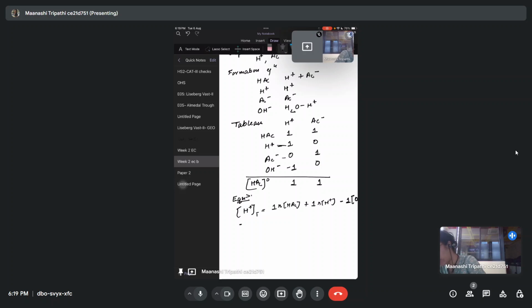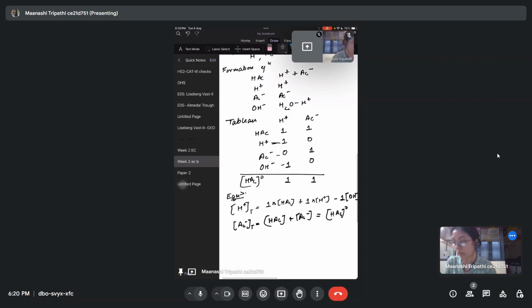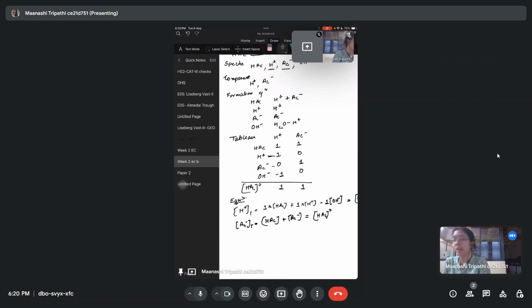Similarly, we can write for AC negative. HAC plus AC negative is equal to HAC not. So if we want to count the number of unknowns, how many unknowns are there?